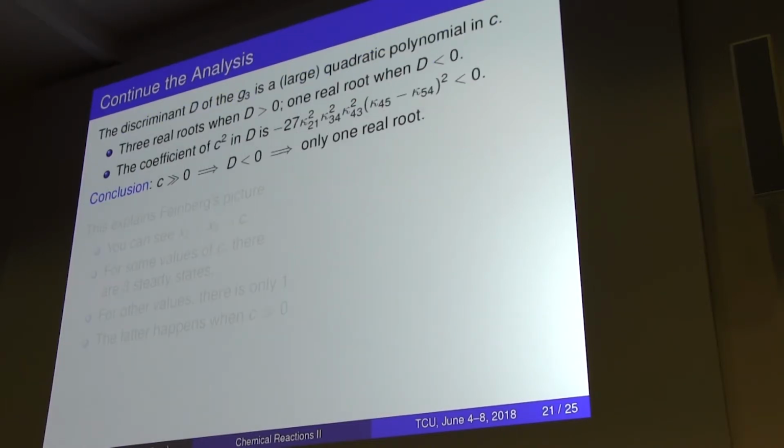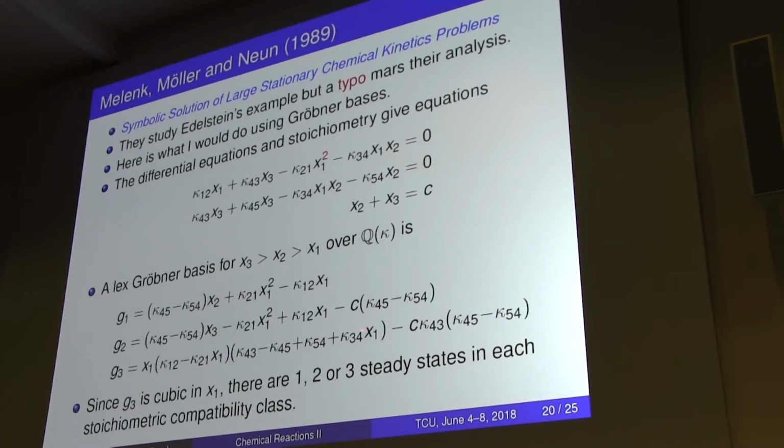And I could say a tiny bit more, because if you take the discriminant of that cubic in x1, it's a large quadratic polynomial, and it basically involves the rate constants, but also, if you think about it, this C that appears in the system of equations.